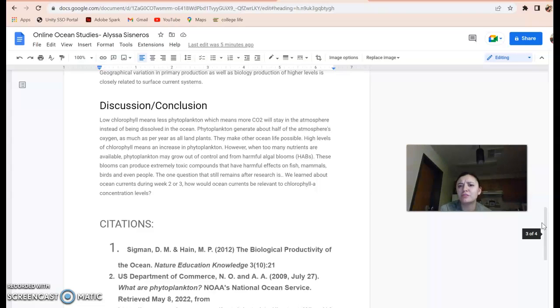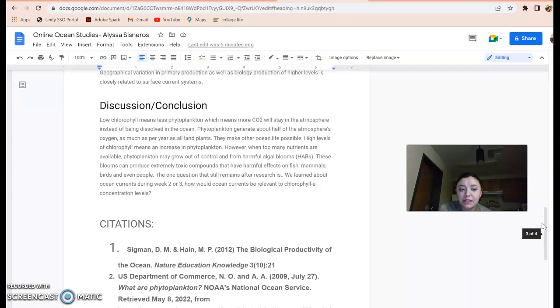Now, I've also wanted to raise the question of, is there a bad thing as too much phytoplankton? And there is, so we will go more deeply into that. High levels of chlorophyll means an increase in phytoplankton. However, when there are too many nutrients that are available, phytoplankton may grow out of control and form harmful algal blooms or HABs.